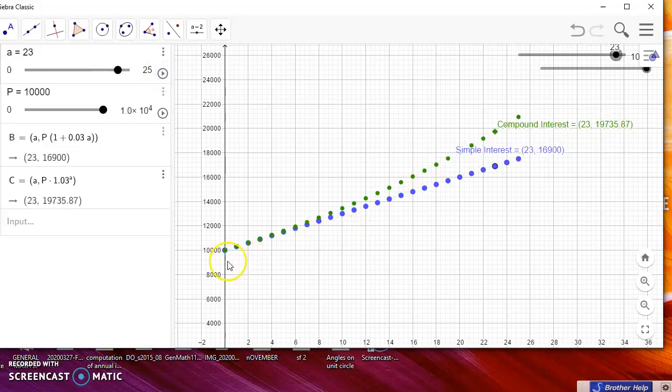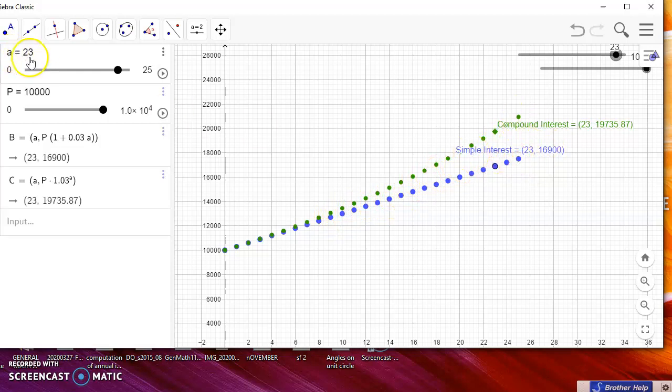Okay. So makikita natin na if t is 0, the maturity value is 10,000. But as we increase the time from 0 to 23, mapapansin natin yung difference. Okay?